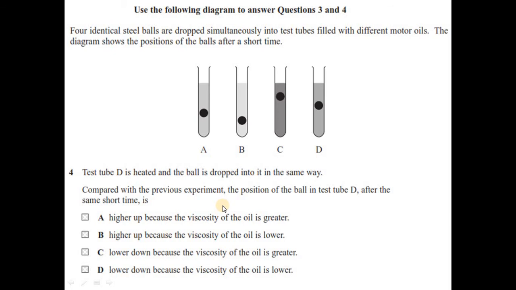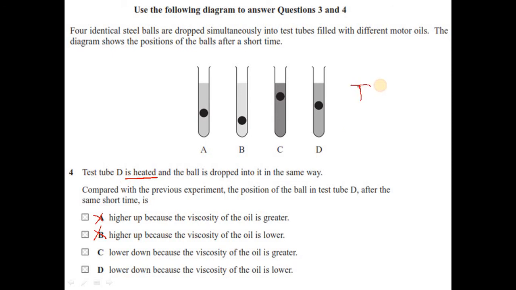Okay, same test tubes. Question number 4. Test tube D is heated and the ball is dropped into it in the same way. Compared with the previous experiment, the position of the ball in the test tube D after the same short time is... In this case, you can immediately ignore A and B. Why is that? Because you are heating the test tube.